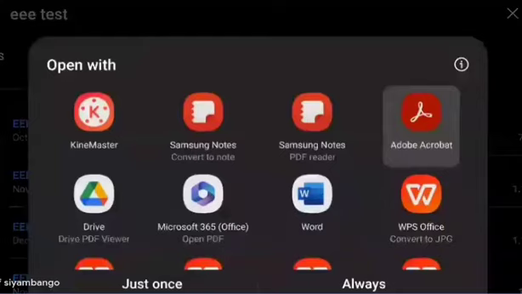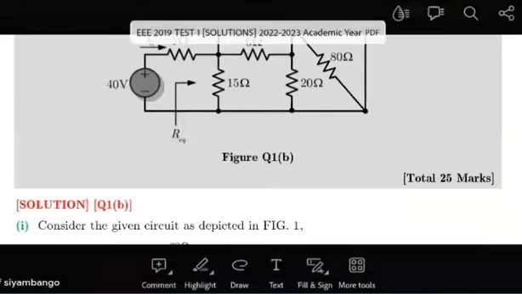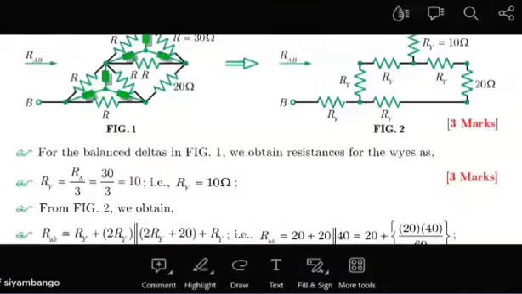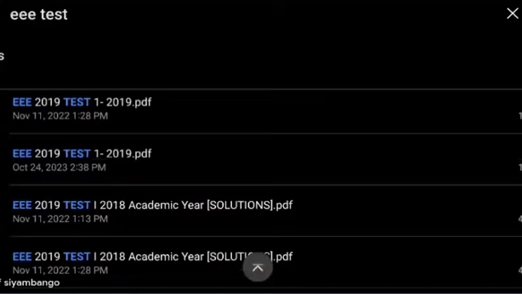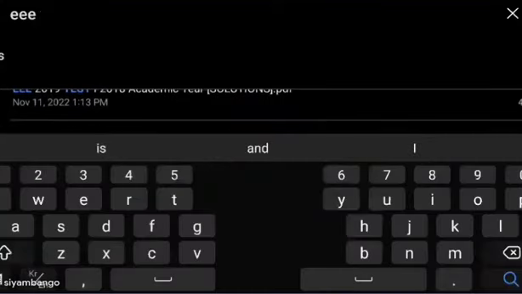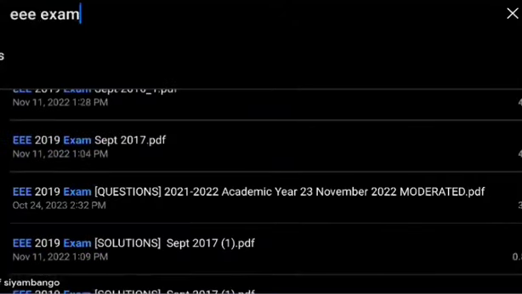Yeah, it's okay. Test one as well. Okay, so I know dependent sources are not that common in test one, so perhaps that's not really ideal. We have an exam. Can I find an exam? I did search for test. Let me get exam. Okay, there.